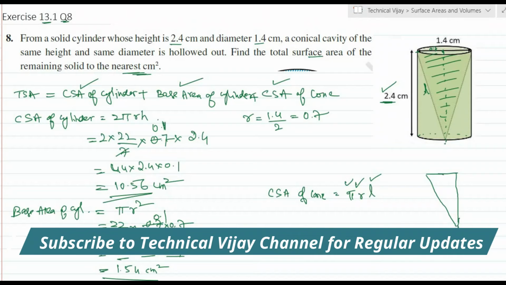In this way, this is 0.7 and this is 2.4 centimeter, and this is l, the hypotenuse. Hypotenuse square is equal to base square plus altitude square.